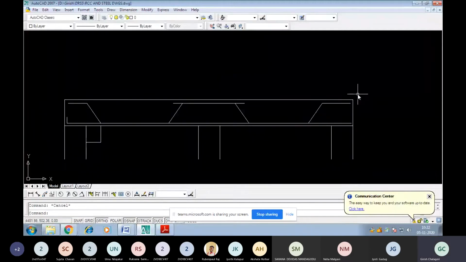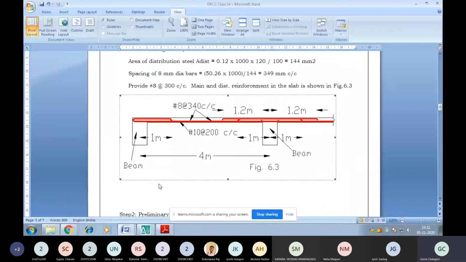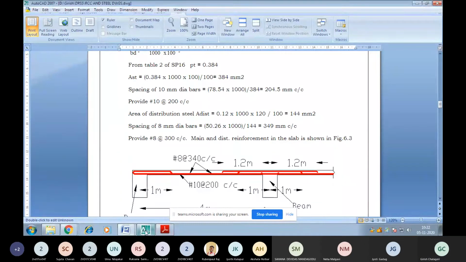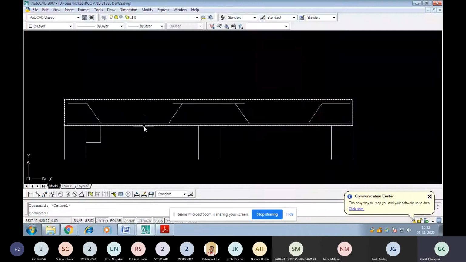This is how the reinforcement is provided in this fashion. You can see here the same thing we have done here. Fine. This is the main bar. For this, the distribution bar will be provided in this fashion.